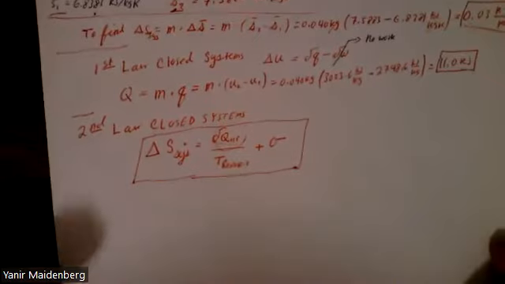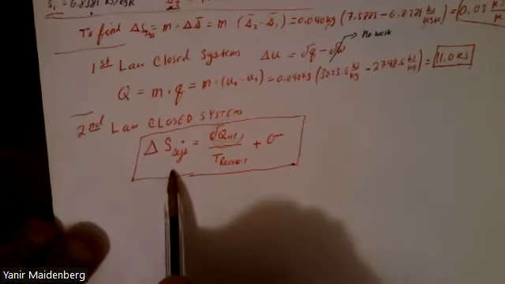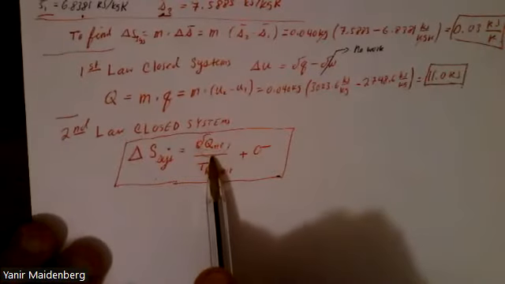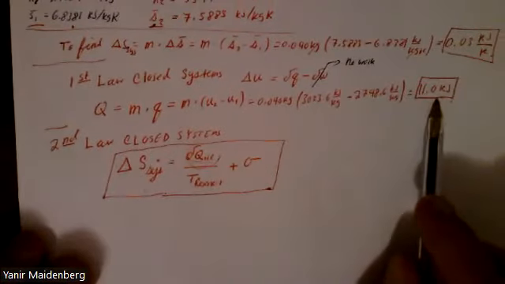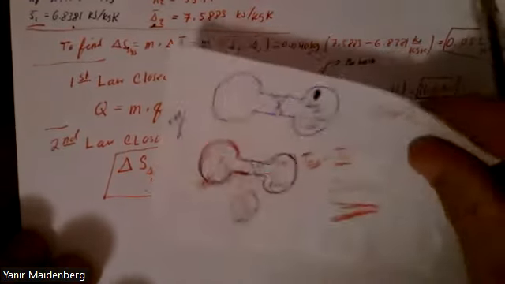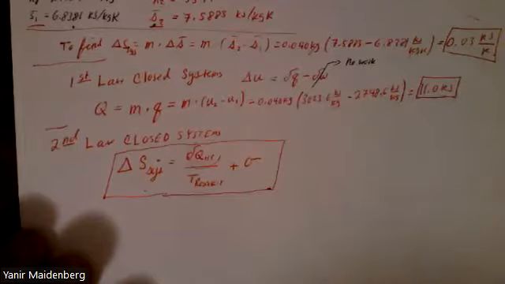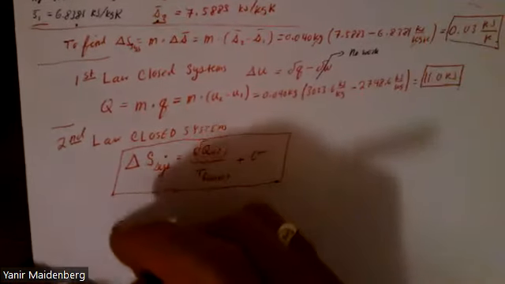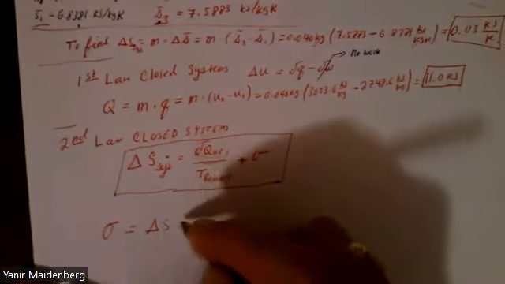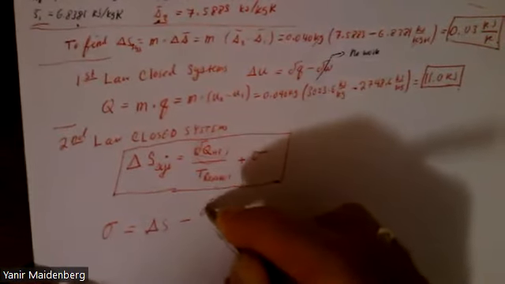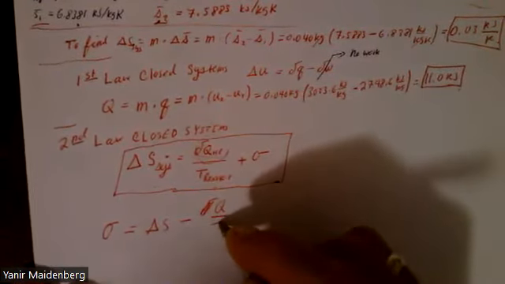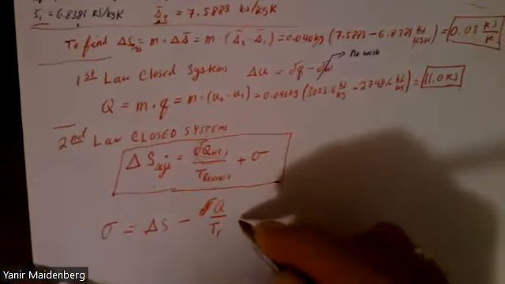So delta S is what we calculated, this 0.03. This is the heat transfer we just calculated at the boundary. This T of the reservoir is 500 degrees Celsius. We have everything and we can solve for that. So the entropy generation is delta S minus Q over T of the reservoir.